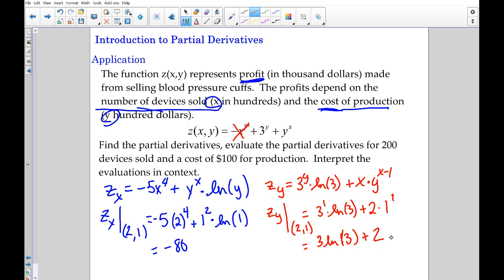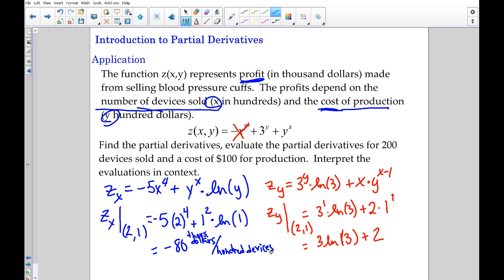Now in terms of units, z is profit in thousands of dollars, and with respect to x, this would be per 100, so I'll add thousands of dollars per 100 devices.